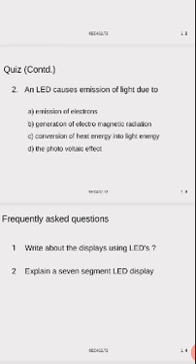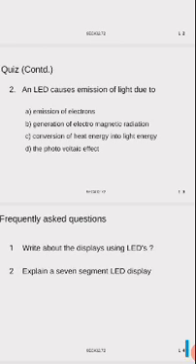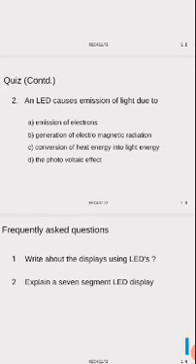We know already, when we discussed the basics of LED, that LEDs are formed with special elements, with special materials, which are gallium arsenide, gallium phosphide, gallium selenide.